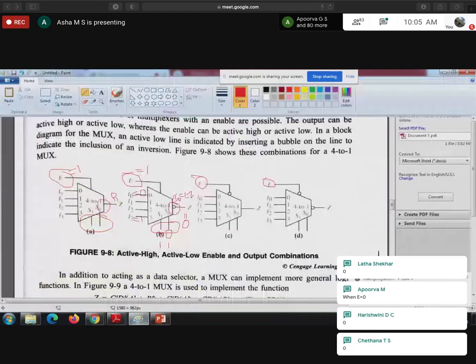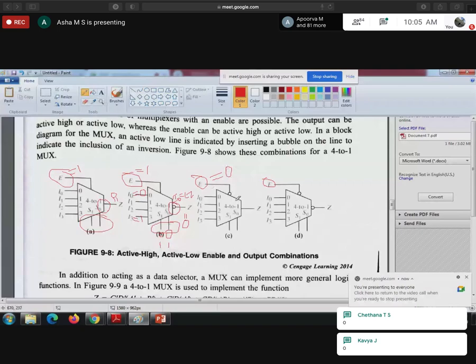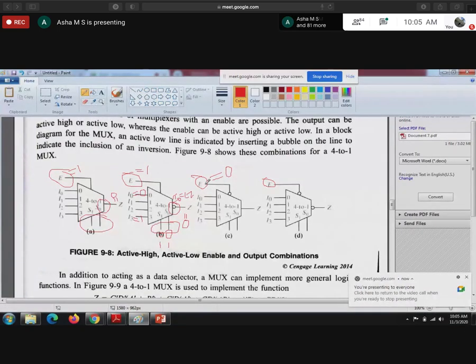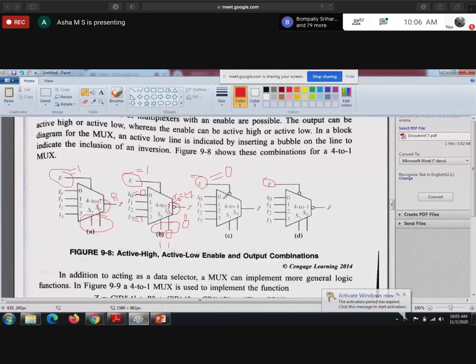So when E equal to 0, it will be active. So that's the reason we will call it an active low enable input. Your enable equal to 1 means it will act, so this we will call an active I enable. This is also active I enable, but output is inverted.